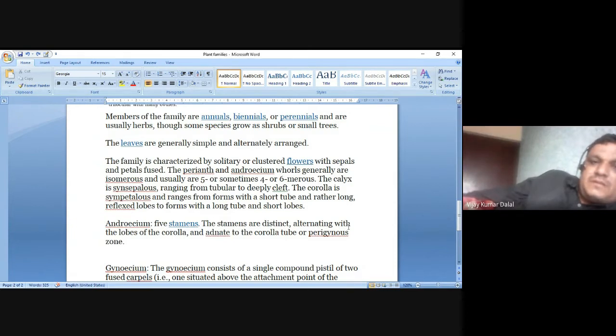As I told earlier, perianth and androecium. Perianth means these two whorls of corolla and calyx. The perianth and androecium whorls are generally isomerous and usually 5, or sometimes 4 or 6 merous. The calyx is gamosepalous, ranging from tubular to deeply cleft. Sympetalous means all the petals are fused.